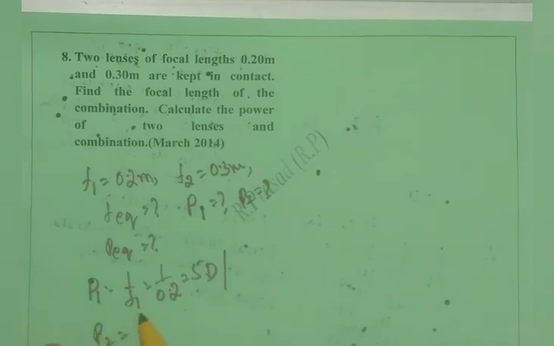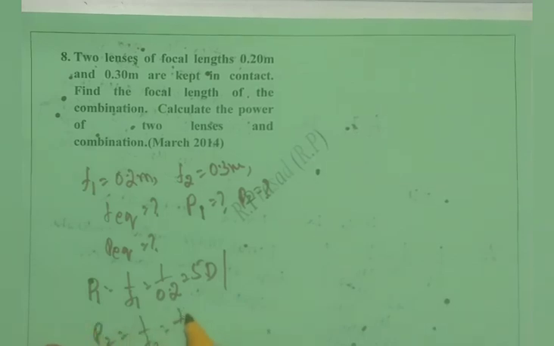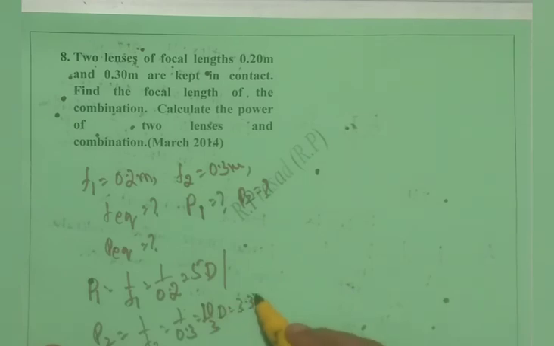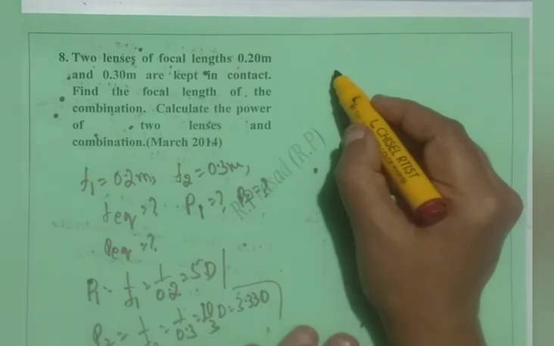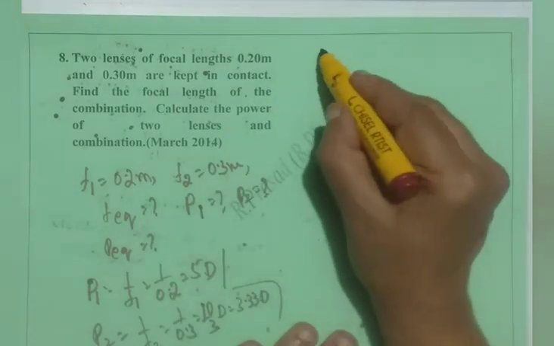P2 we write 1 by f2, 1 by 0.3, which amounts to be 10 by 3 diopter or 3.33 diopters.